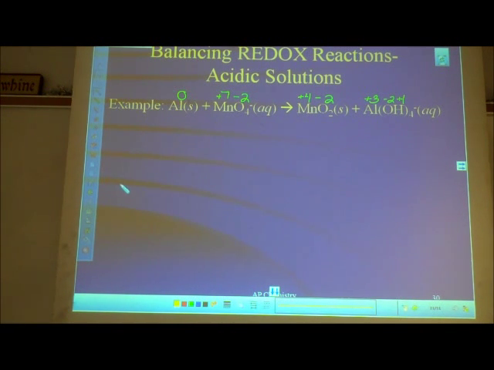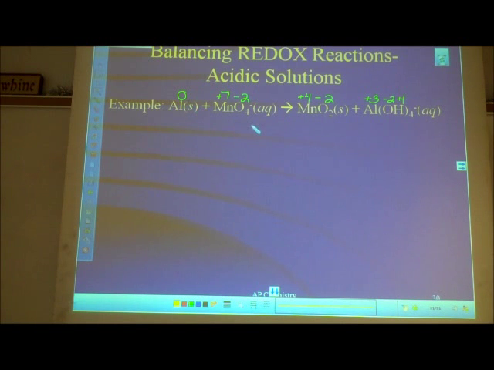Step 1 in this process says, write separate reduction and oxidation half reactions. First, let's deal with aluminum and watch how I'm going to write what's called a half reaction.